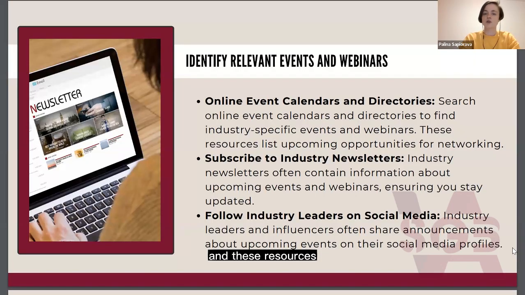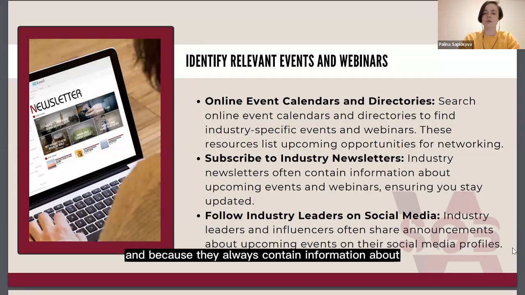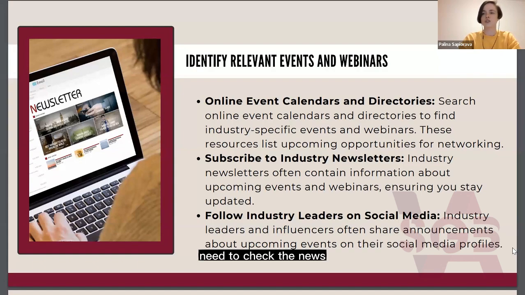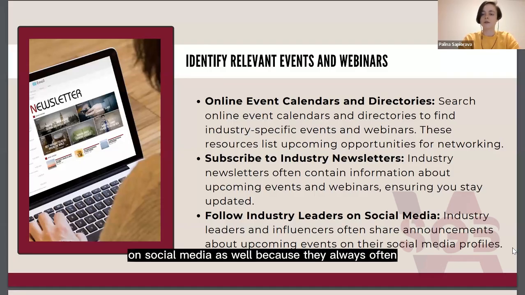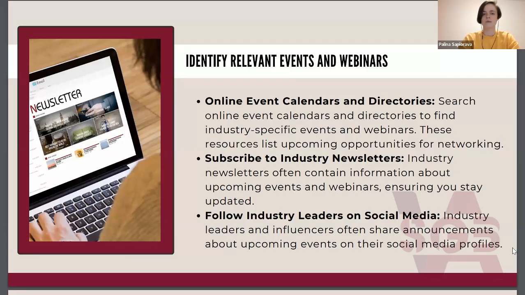These resources list upcoming opportunities for networking. You can subscribe to industry newsletters because they always contain information about upcoming events and webinars, so you will stay updated without additional need to check the news. And you can always follow industry leaders on social media as well, because they often share some announcements on their social media.